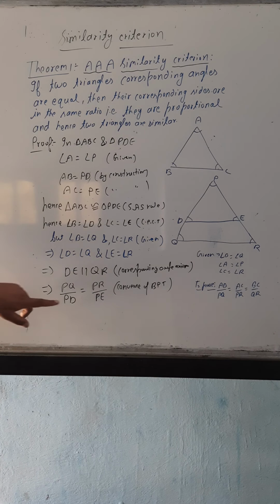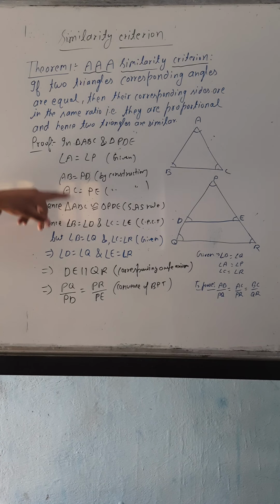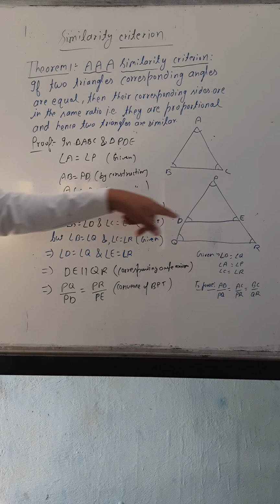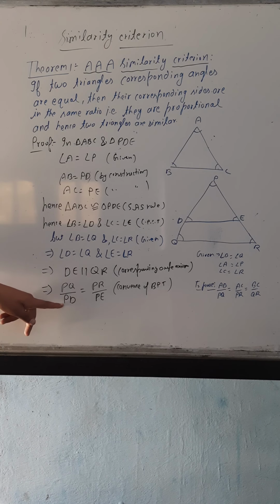Now remember, PD is equal to how much? AB. By construction we have already discussed this. PD is equal to AB. This is how we constructed the line here. So in place of PD, I can write AB.